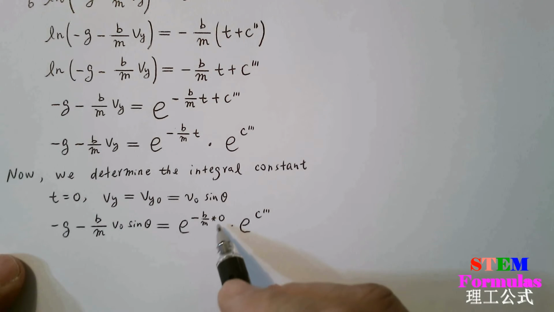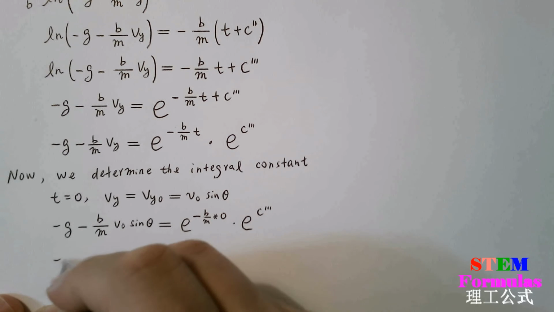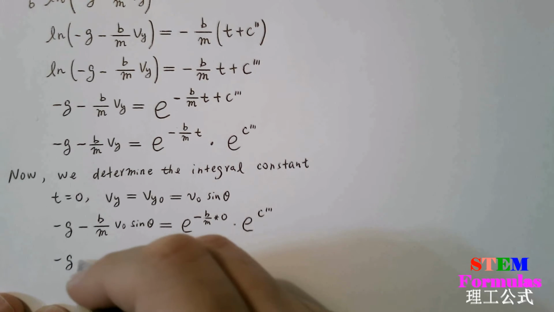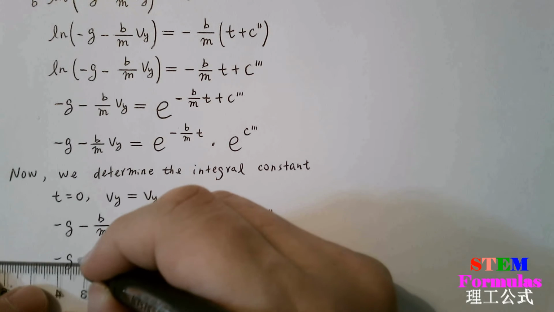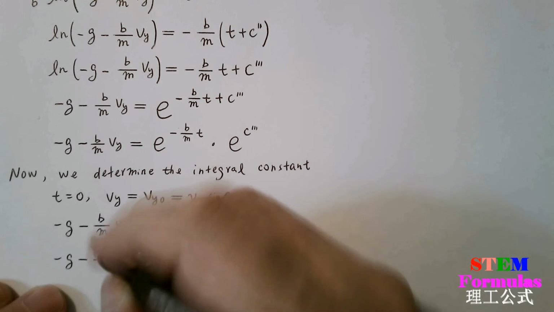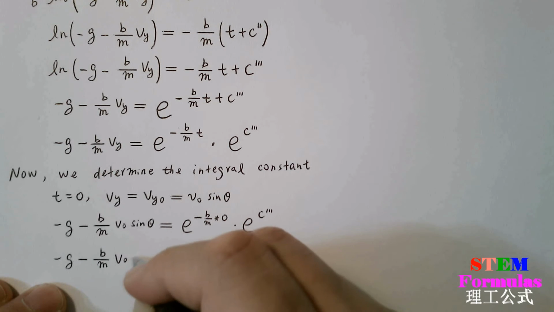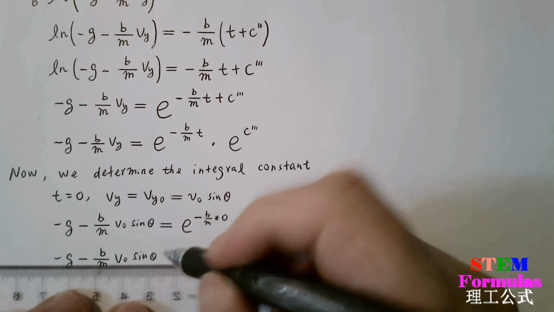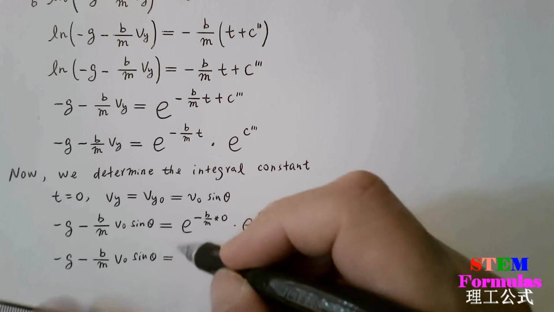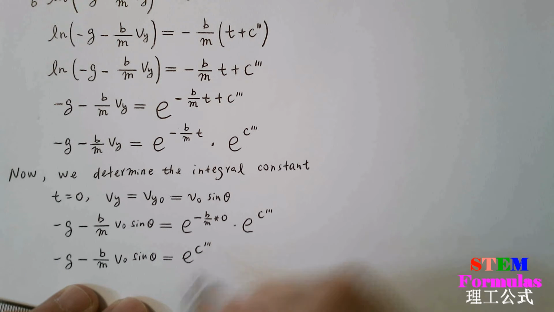And e to the power 0 is 1, so I have minus g minus b divided by m v0 sine theta equal to e to the c triple prime.